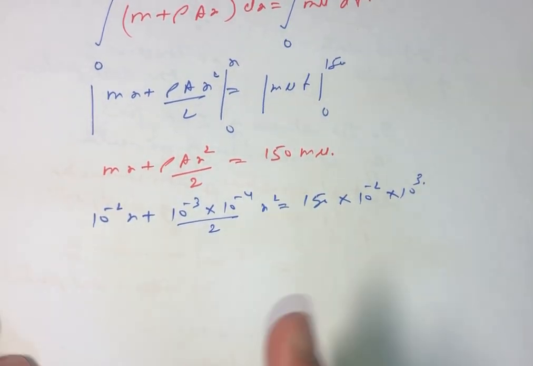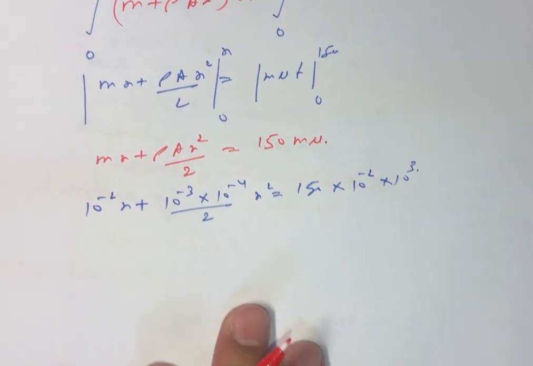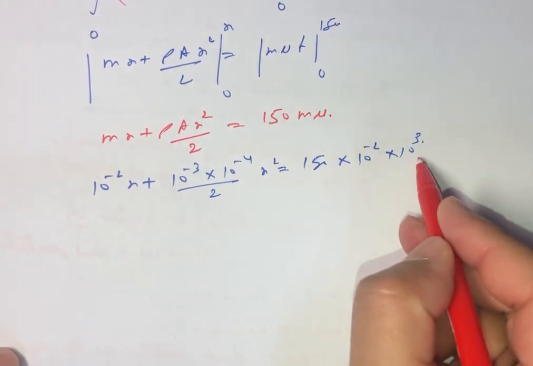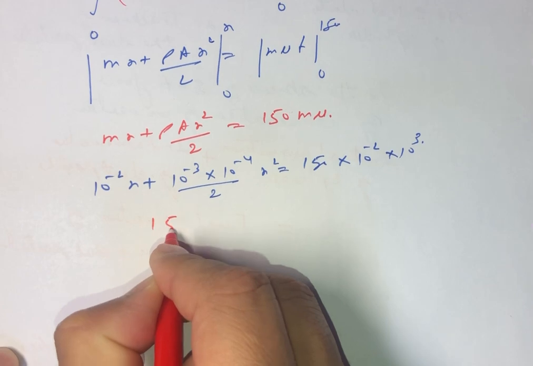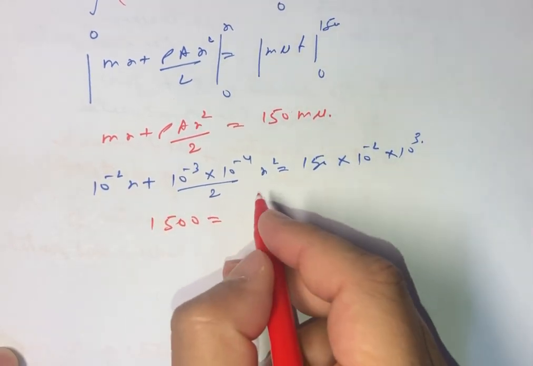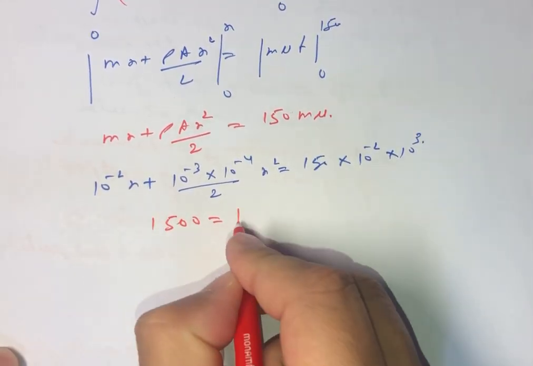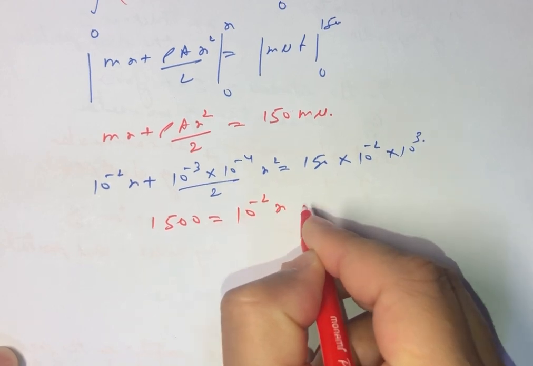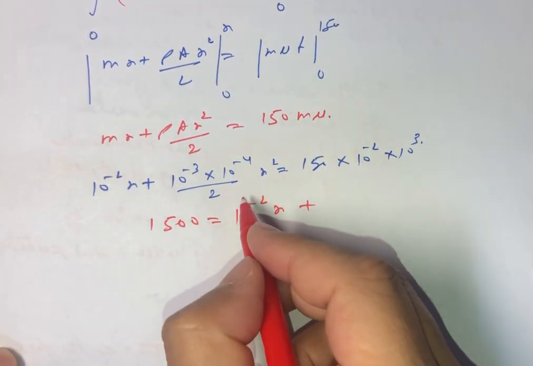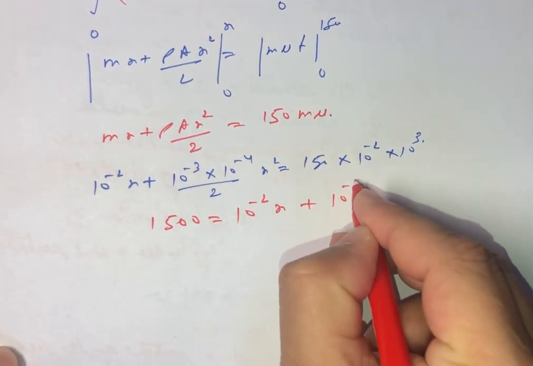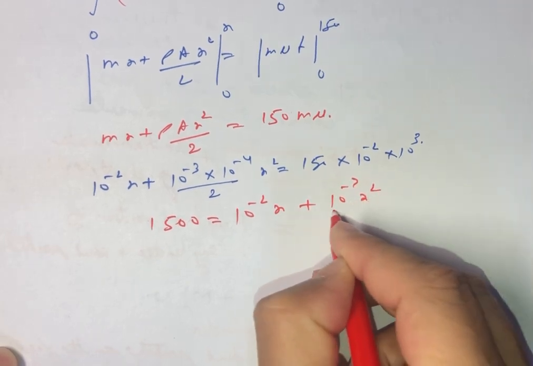So we can write this equation as 1500 is equal to 10 raised to the power minus 2 x, plus 10 raised to the power minus 7 x square by 2.